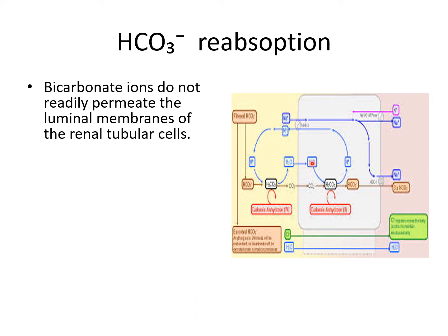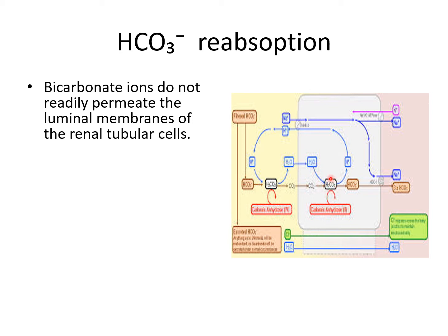So this is the bicarbonate which has been filtered; it cannot pass through the tubular cell membrane, and it will bind with hydrogen ion forming H2CO3 that will dissociate into H2O and CO2. Now this CO2 will pass through the membrane and go inside the tubular cells. Inside the tubular cells it will bind again to H2O and form H2CO3.